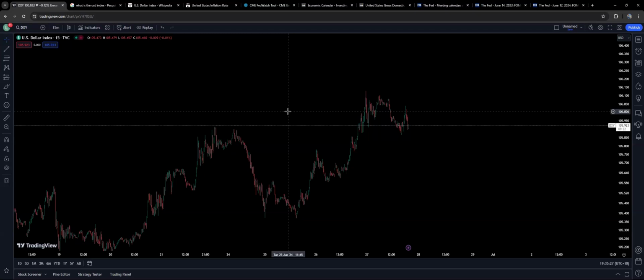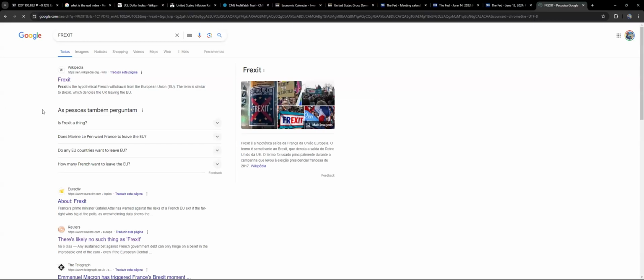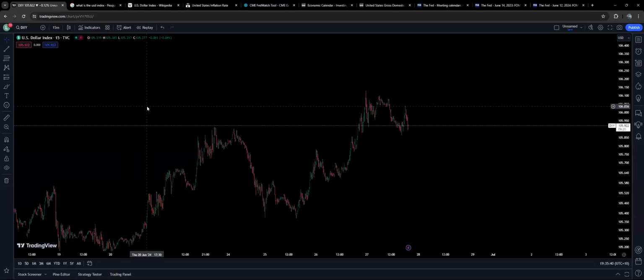I really don't know how they say Brexit, Frexit, anyways. People are not believing much in that, but it's still a murmur going around the market.